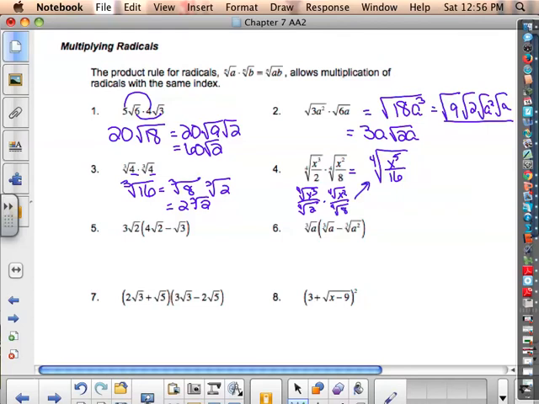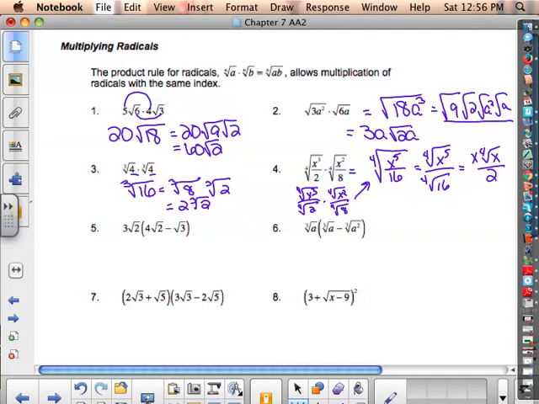Either way, you're going to get the fourth root of x to the fifth over 16. You can rewrite this then as the fourth root of x to the fifth over the fourth root of 16. That's going to become x times the fourth root of x, over 2.